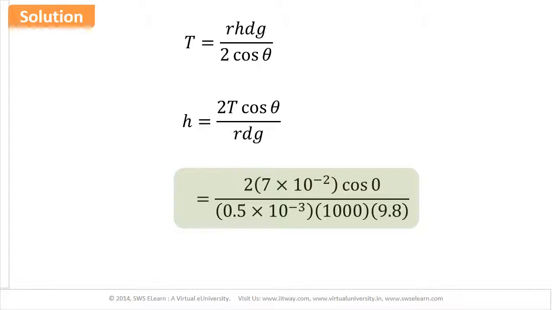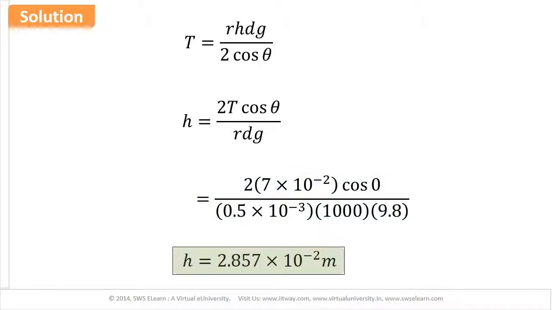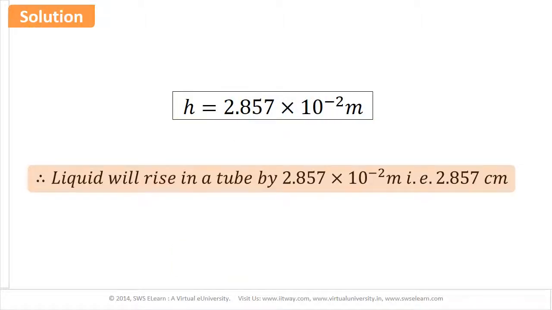And therefore, simplification of this equation gives us H = 2.857 × 10^-2 meter. That is, liquid will rise in a capillary tube by 2.857 × 10^-2 meter, and that is 2.857 centimeter.